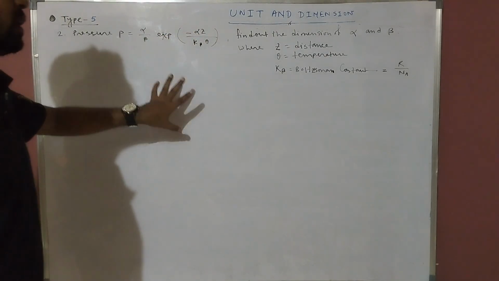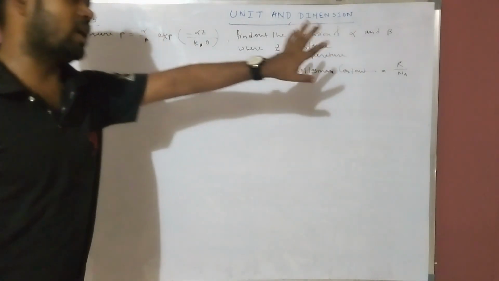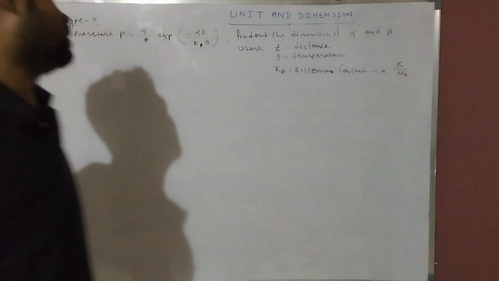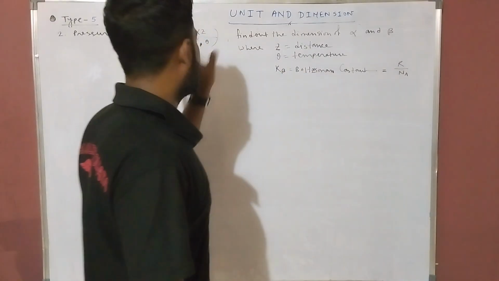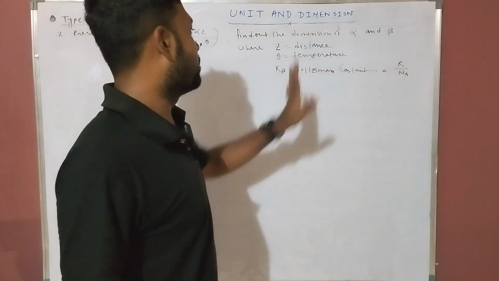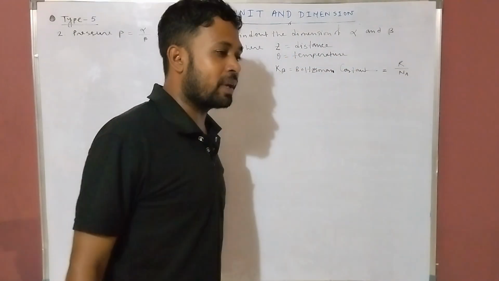Exp means e to the power, exponential function. Let's see the question. Find out the dimension of alpha and beta. Where z is equal to distance, it is given, theta is equal to temperature, kb is equal to Boltzmann constant.